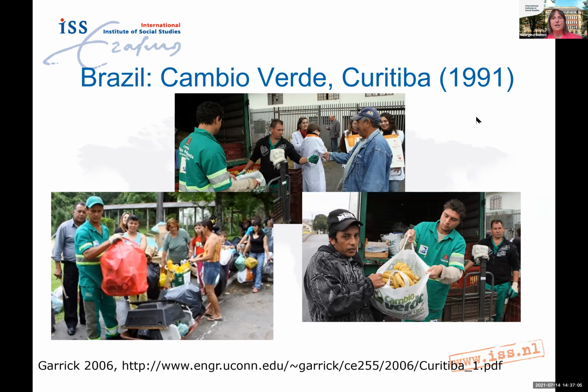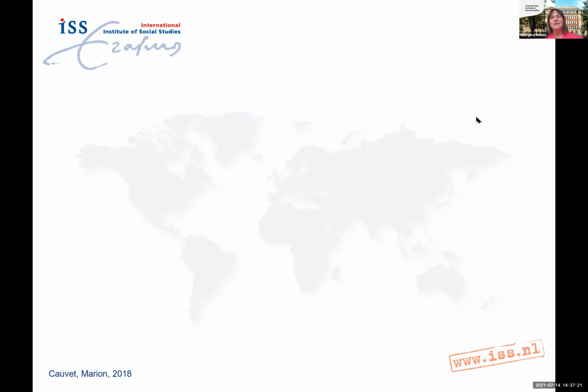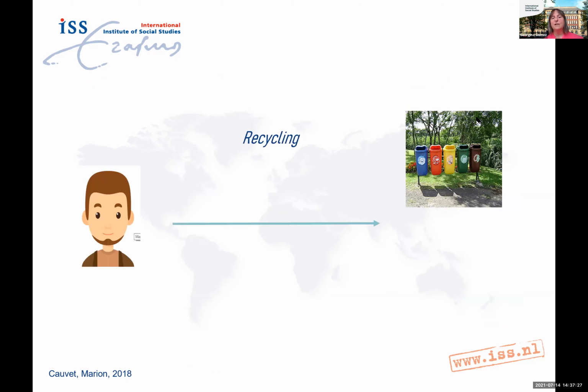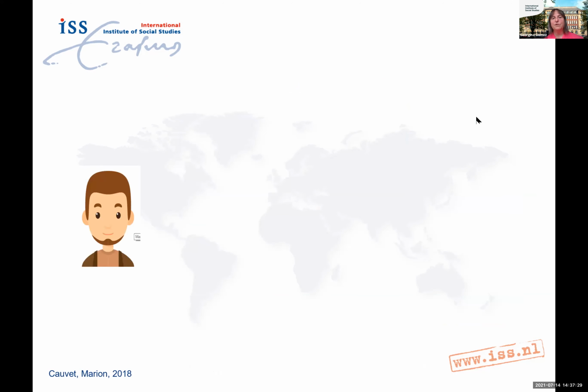At the same time, there are people that are hungry. At the same time, we need solid waste management systems. The city government is broke. And the mayor at that time, early 90s, said, what we need is to connect these various needs and supplies.